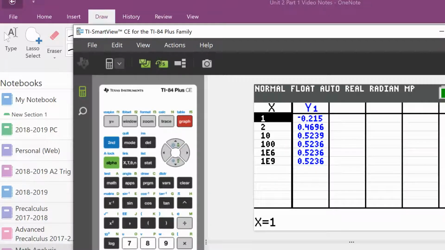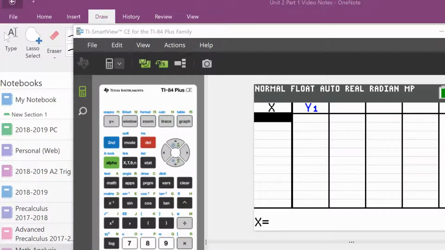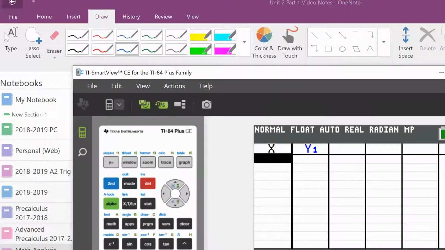It'll allow you to put numbers in. So you're going to put numbers in like 1. When you put 1 in, you get that. You can put 2, and then like 10, then 100, and then 1,000.